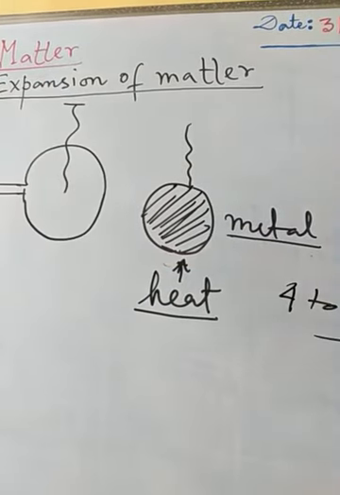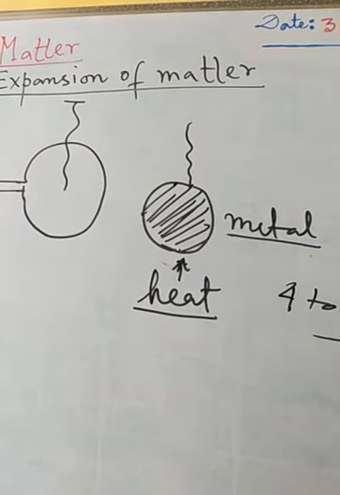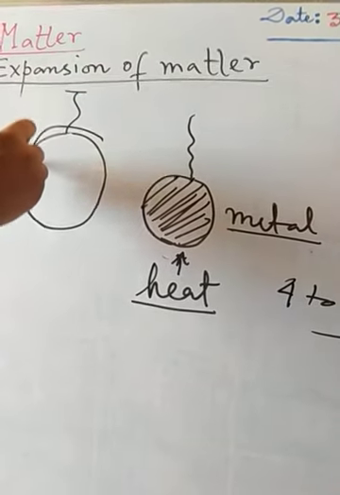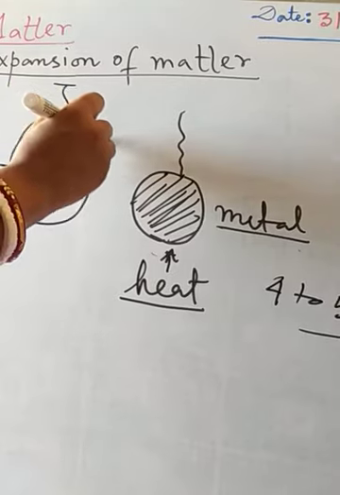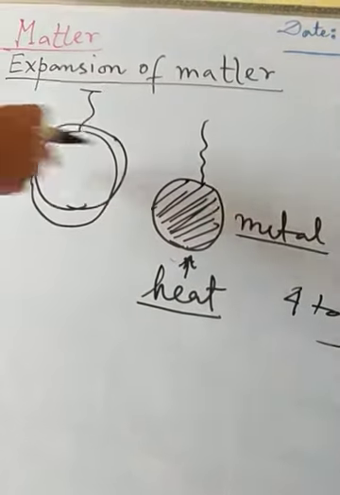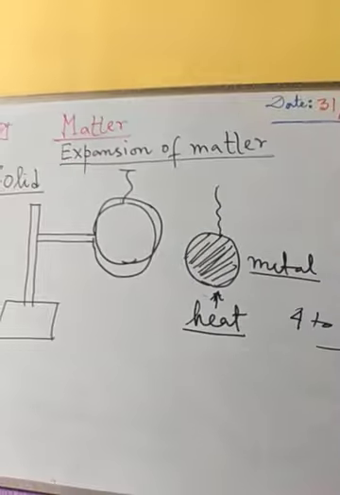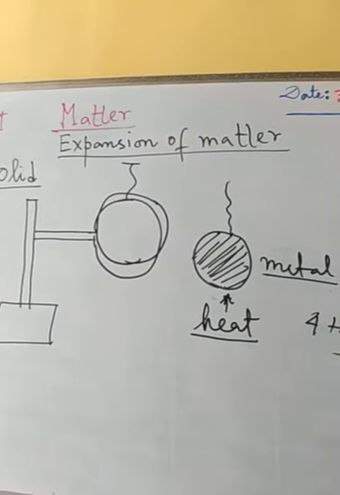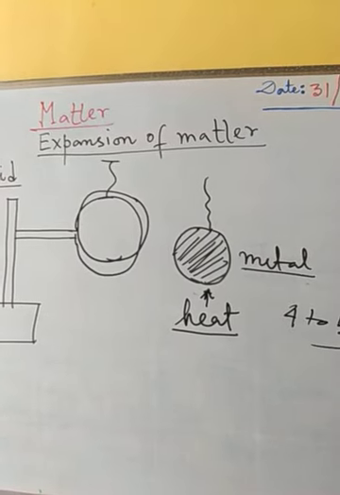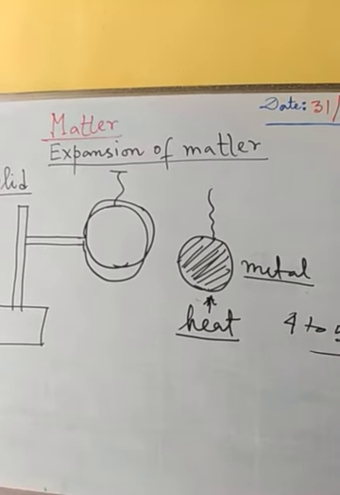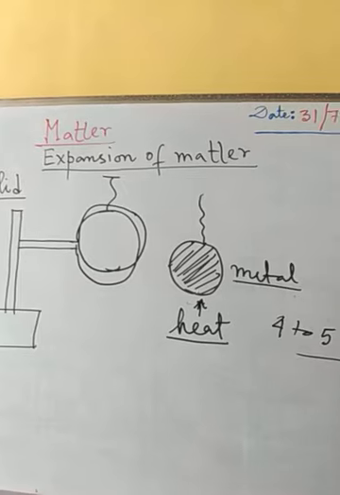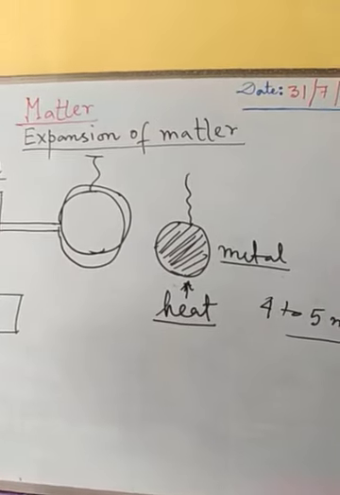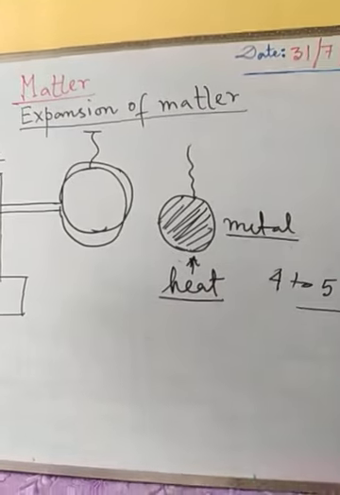The expanded metallic sphere which we have heated will not pass through the ring, because now its diameter is more than the diameter of the ring. Through this simple experiment we can see that if we heat any metal, any solid, it will expand, its volume will increase, so it will not pass through the same metallic ring.